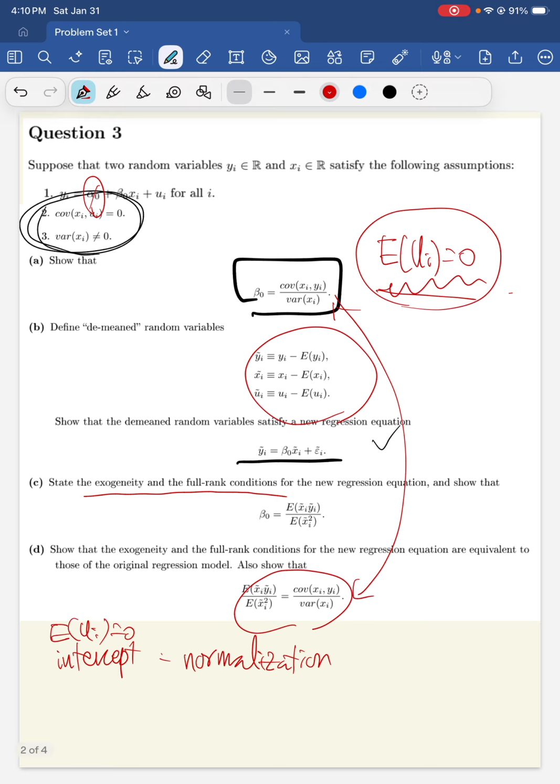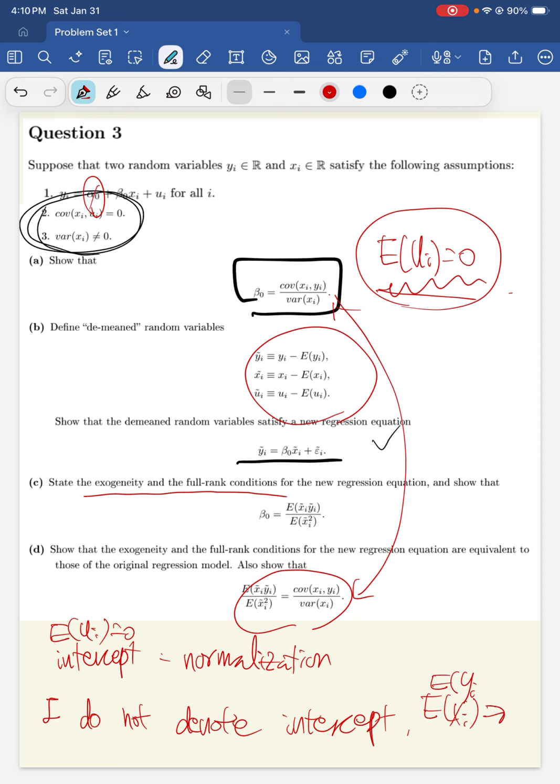And also, from now on, I do not denote the intercept. Instead, I will assume everything is mean 0, right? So I will assume that everything is demeaned, then I do not need to bother with the intercept, to simplify the notation. Okay, this is it.